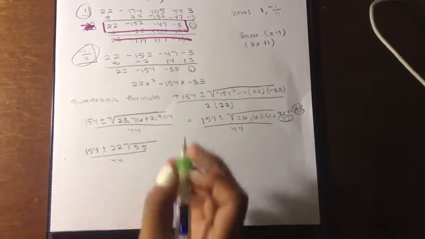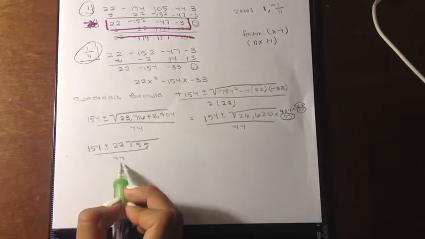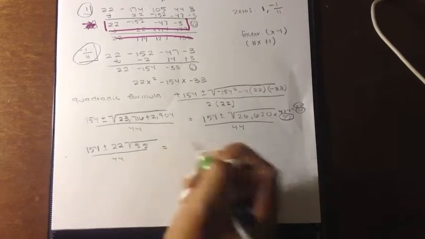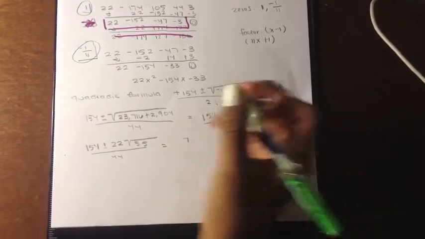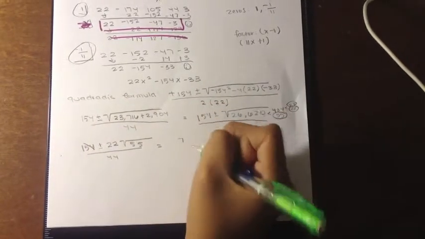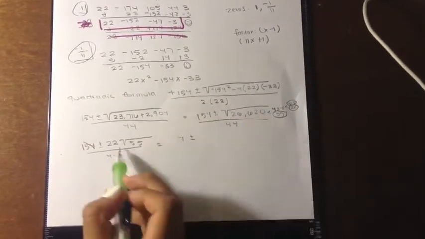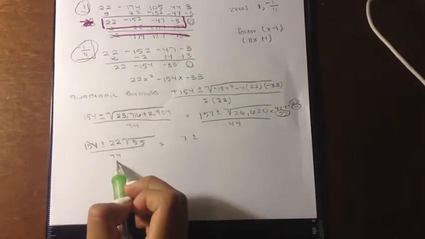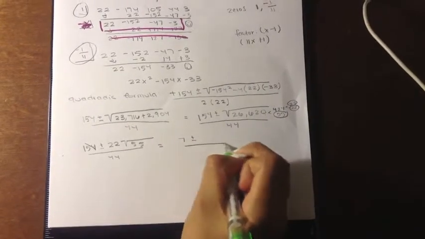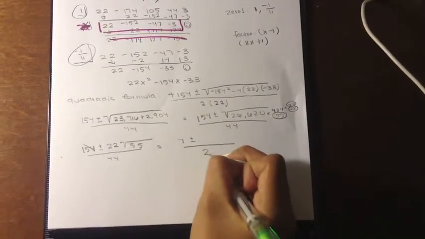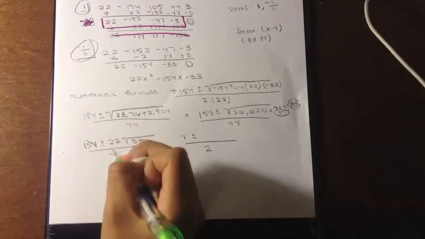And we can reduce it. So 154 divided by 44 is 7. So we reduce this one. Plus or minus 22 divided by 44, that would make a 2 on the bottom, and the 22 disappears.